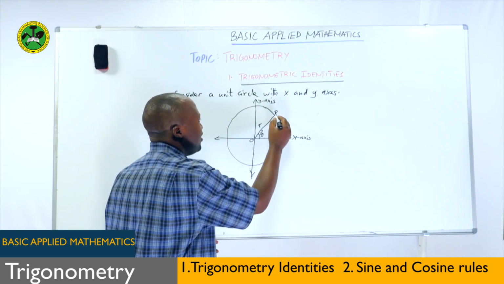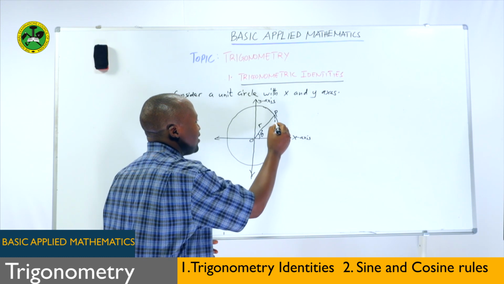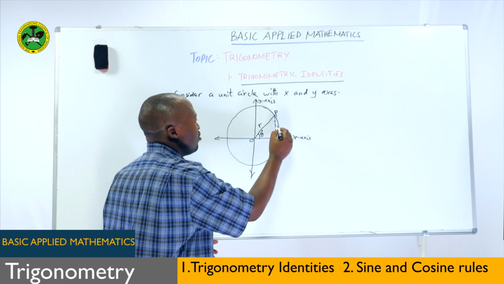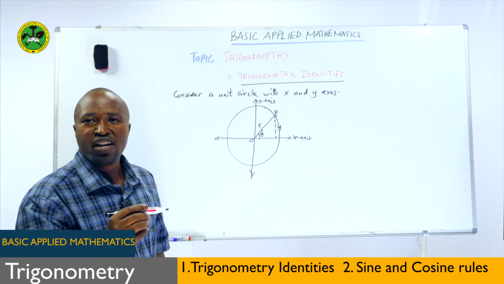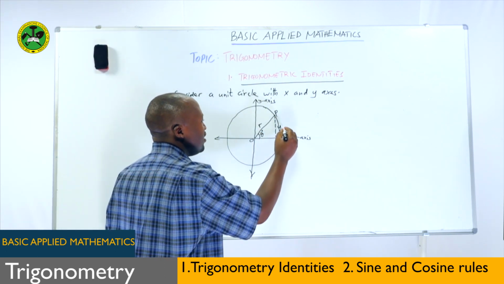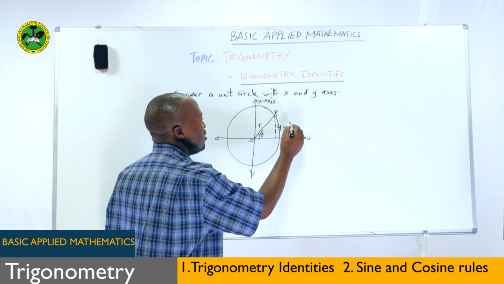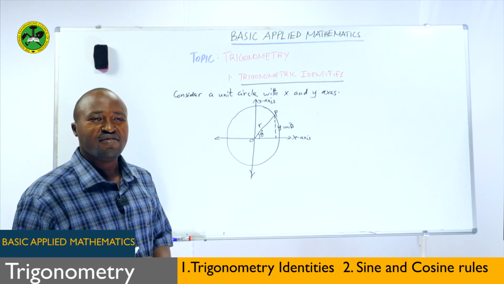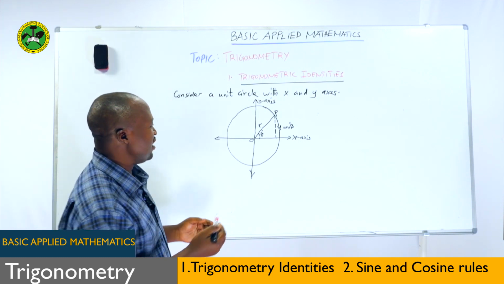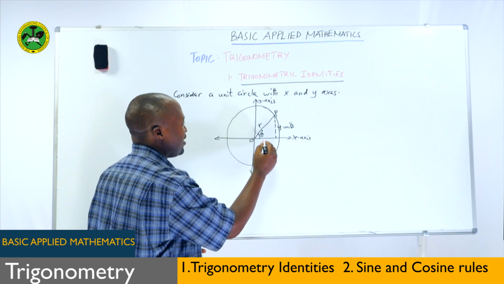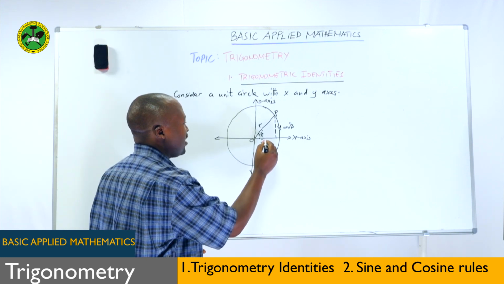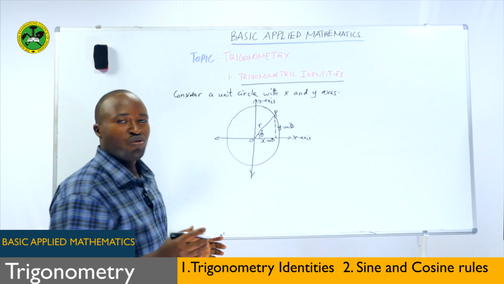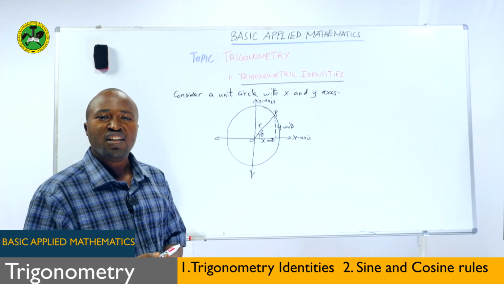And any distance parallel to the y-axis, call it y, that is y units, because it is parallel to the y-axis. And any length which is along the x-axis, you can call x, that is x units, because it is along the x-axis.